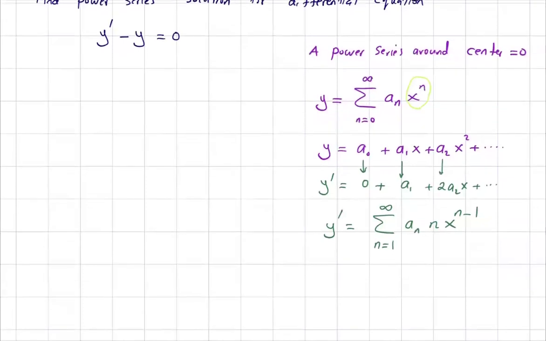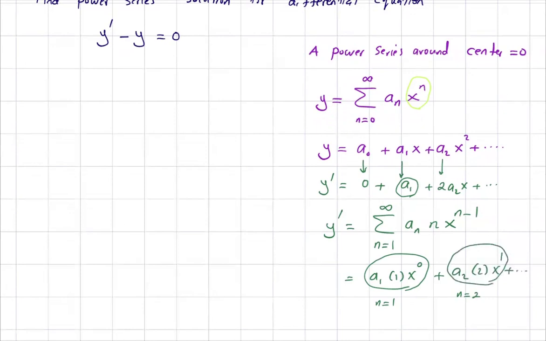If you plug in n equals 1, you get a sub 1 times 1 x to the power 0, which is the very first term that you see here. If you plug in 2, you get a sub 2 times 2 x to the power 1 plus the rest of the terms. This is exactly the same as this term here.